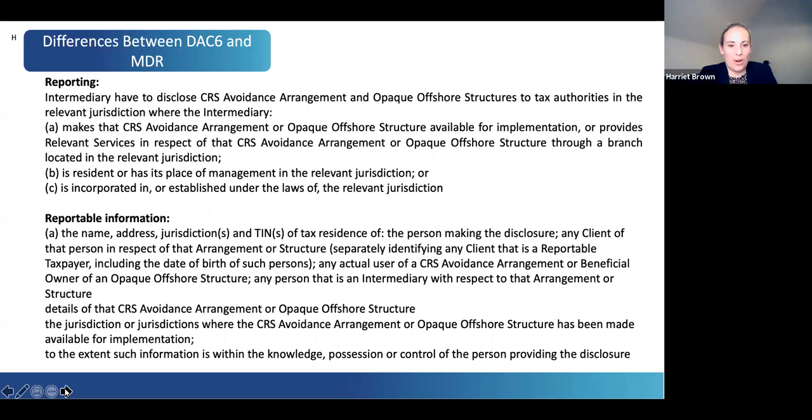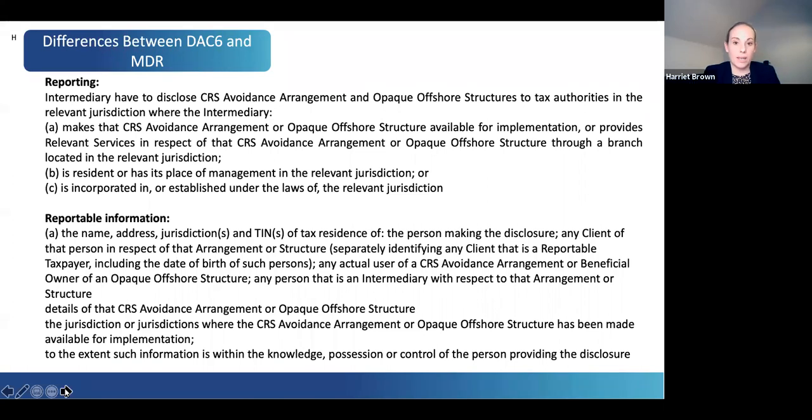So moving on, again, the reporting is fairly similar between the two regimes, except that we're reporting on a much narrower category of things within MDR. The CRS avoidance arrangement or opaque offshore structure, where you've identified one, will need to be disclosed to tax authorities in the relevant jurisdictions where the intermediary makes the arrangement or structure available in implementation or provides relevant services.